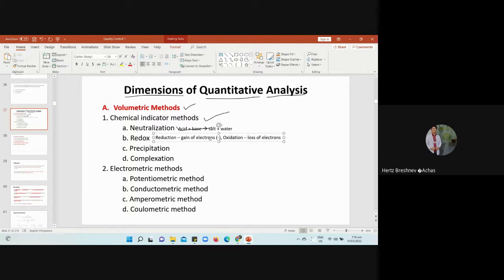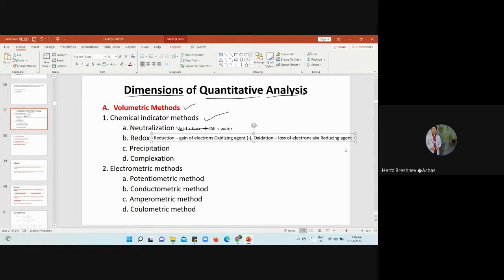Oxidation is also known as the reducing agent, and reduction is also known as the oxidizing agent. Please take note of that, because some of the students get confused. They think that reduction is also the reducing agent.